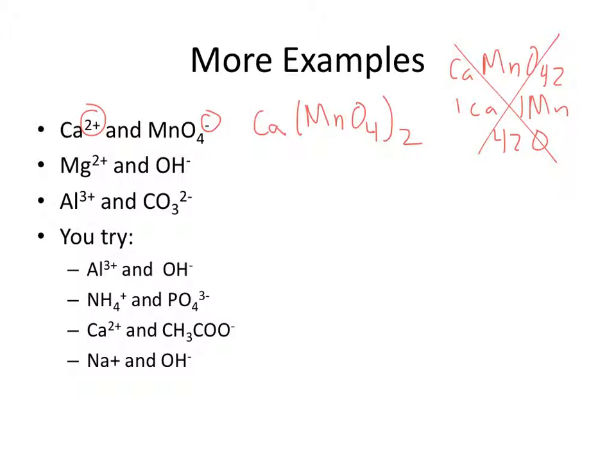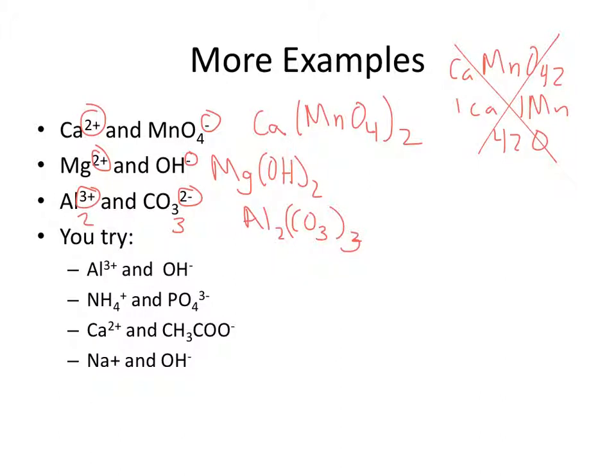Okay, so Mg 2 plus, OH minus. So we'll have Mg, and we need 2 hydroxides, so we put parentheses around and give it a 2. Aluminum is 3 plus, carbonate is 2 minus, so that means we're going to need 2 of the aluminums and 3 carbonates, so that's going to be Al2, parentheses, CO3, 3.